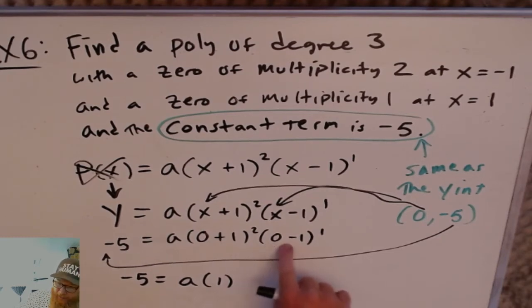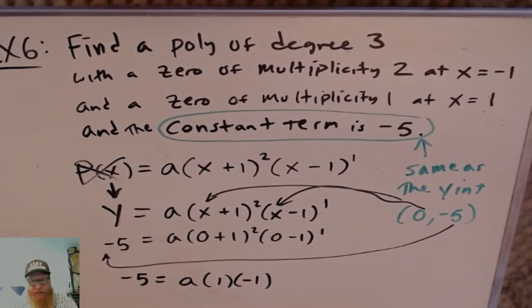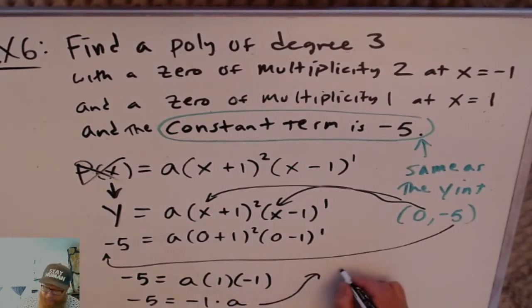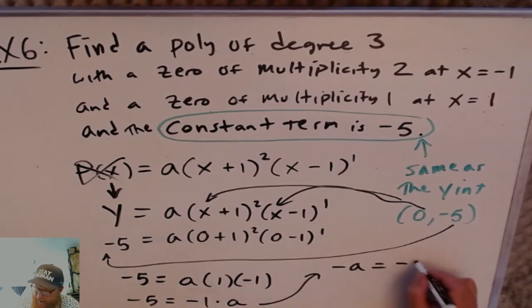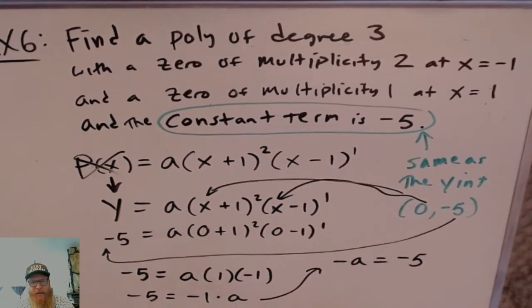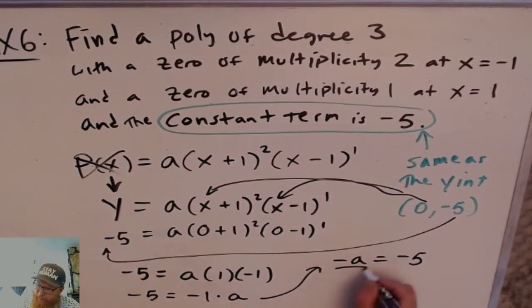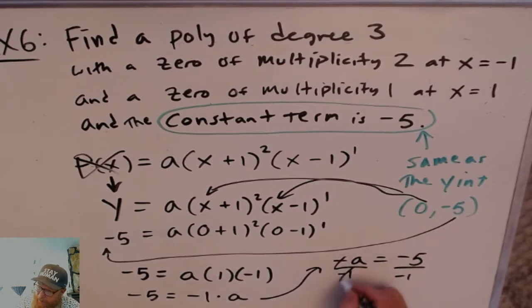What's that? 0 times -1 is just -1. So this is -1 times a, I guess. Or you could just say -a. Yeah, negative times a positive is a negative. And then you're going to divide both sides by -1, and that's going to say that my a is 5.